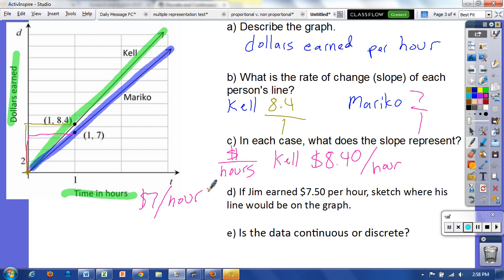So if you add another person in there named Jim, if Jim earns $7.50 an hour, I'm going to sketch a little dotted line where his line would be. So if Jim earns $7.50 an hour, in 1 hour, Jim would earn $7.50, which would be about right here.